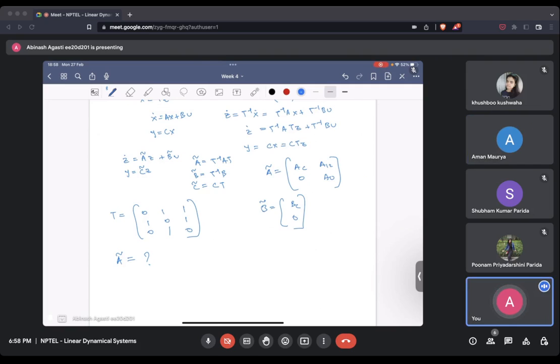I'll just write it down here. A is 1 1 0 0 0 1 and 0 1. This is the A matrix, and B matrix is 0 1 0. Okay, find it out.